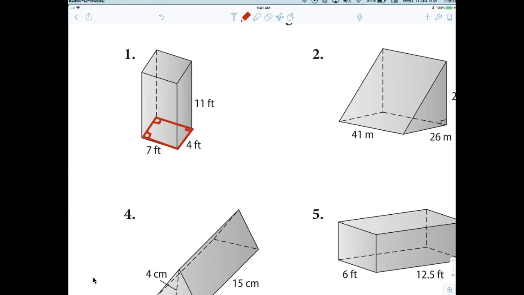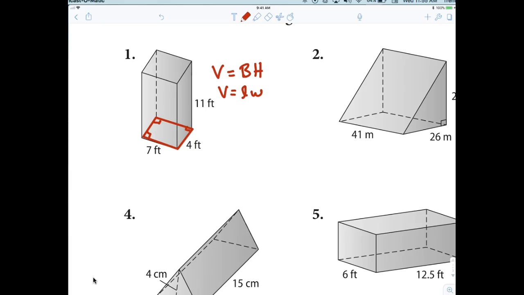Come on, you girls, you have to listen now. So the formula you're going to write down is V equals capital B times capital H. However, what is the formula for area of the base? That base is a what? Rectangle. So what's the area of a rectangle? Now, what I would want you to say would be that it is length times width.